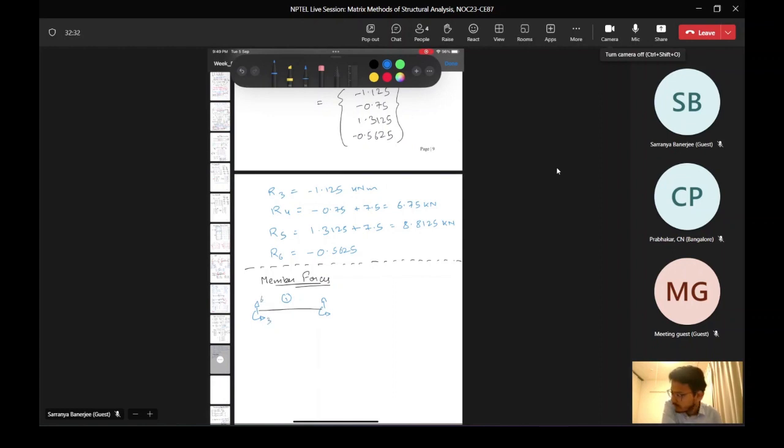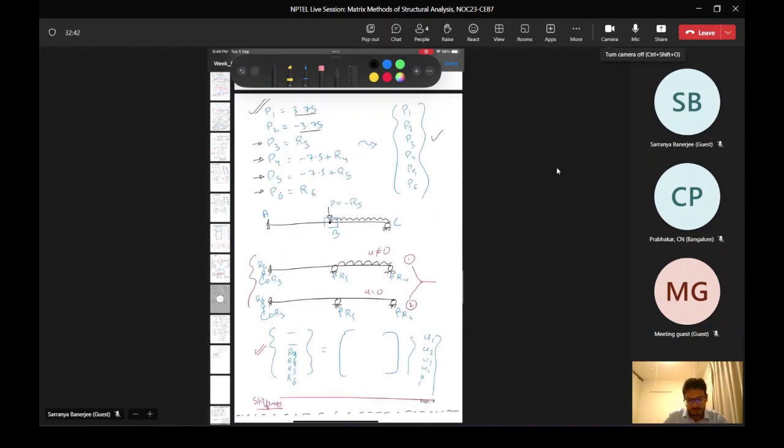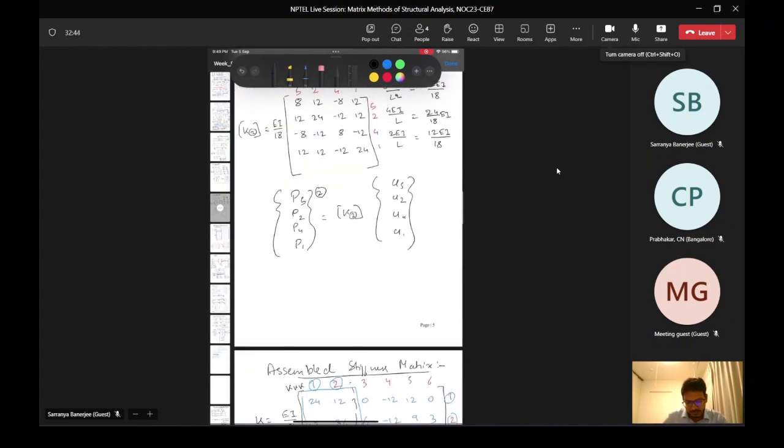So this was our first beam element in the last class. Do we remember? Let me show what the first beam element was.